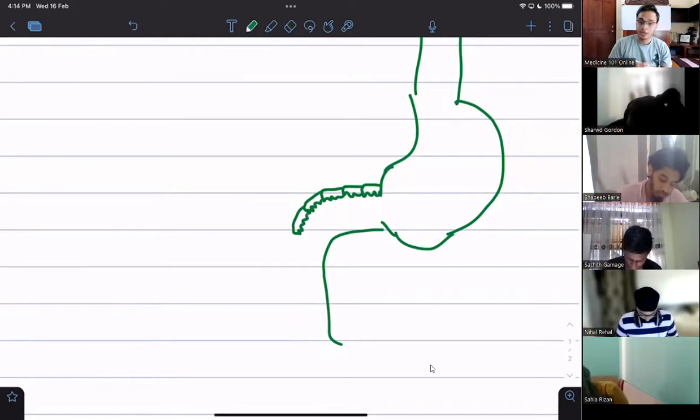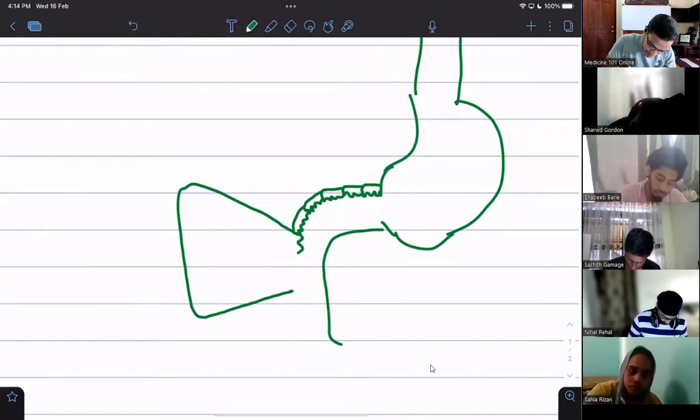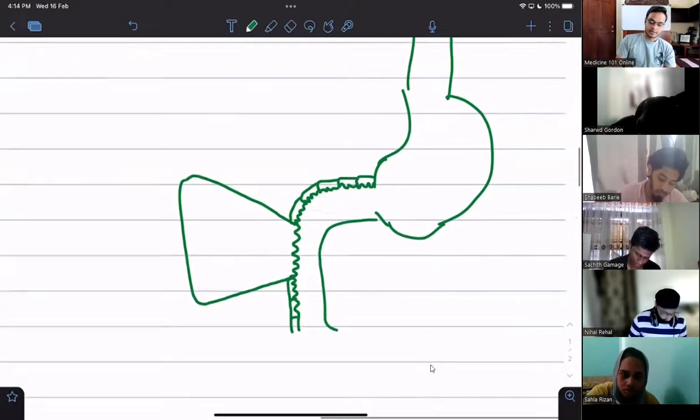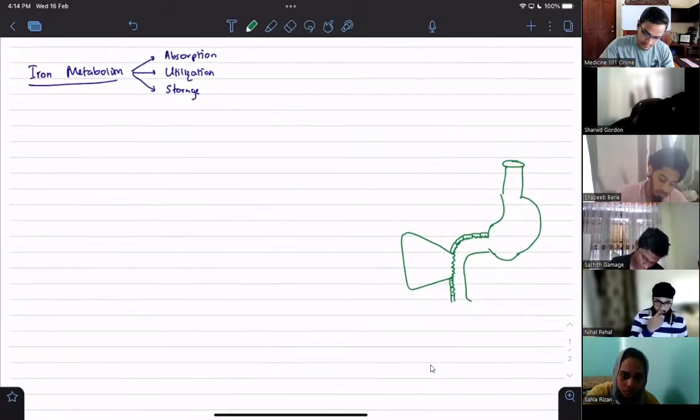So what we'll do, we'll take one of these cells and expand it. This is one cell expanded, right? And the rest of the cells, again, you all can just draw them like that.